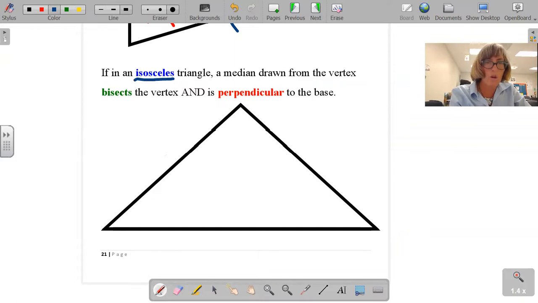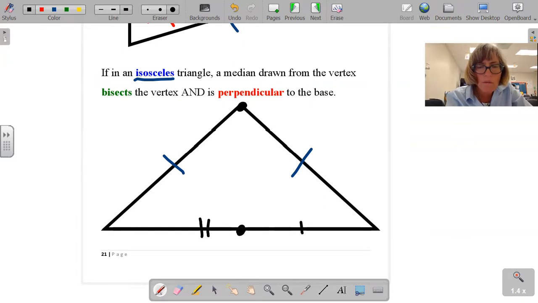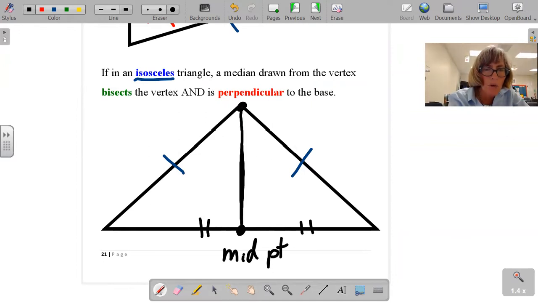If a triangle is isosceles, then there's a segment called a median. A median goes from a vertex to a midpoint. And that segment right there that I just drew, that's called a median.